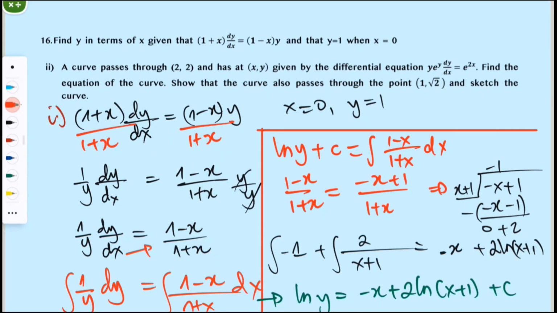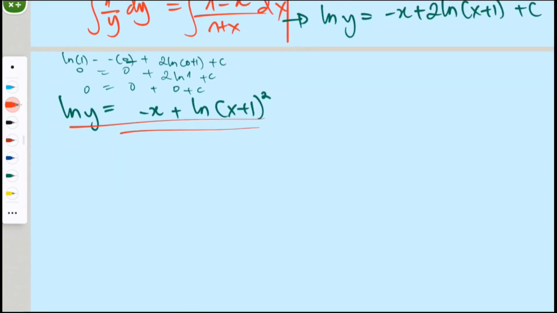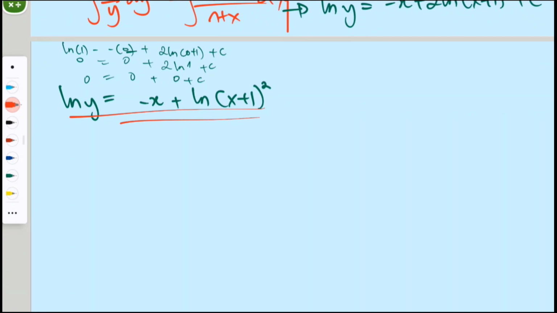The curve passes through (2, 2) given by the differential equation y e to the power y dy/dx equals e to the power 2x. Find the equation of the curve. So we have to find the original equation of the curve, just like this one. So we have the second part, y e to the power y dy/dx equal to e to the power 2x.